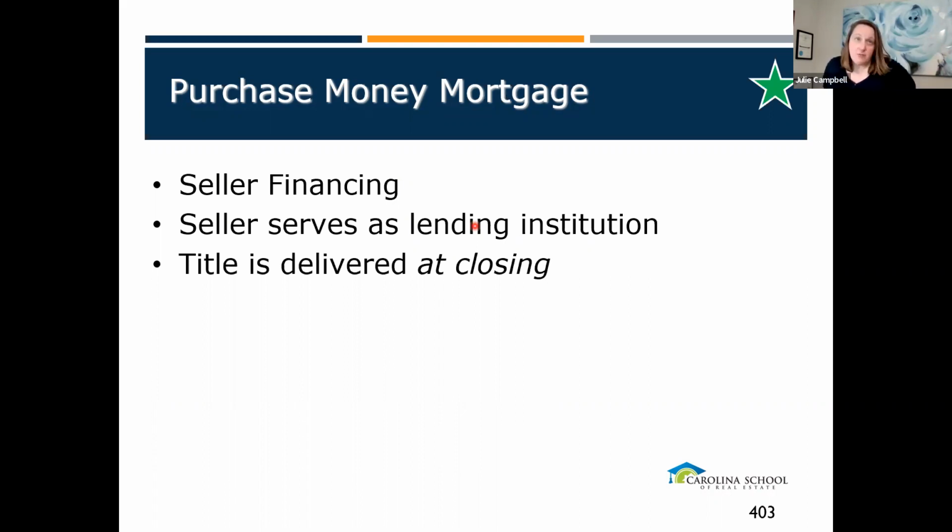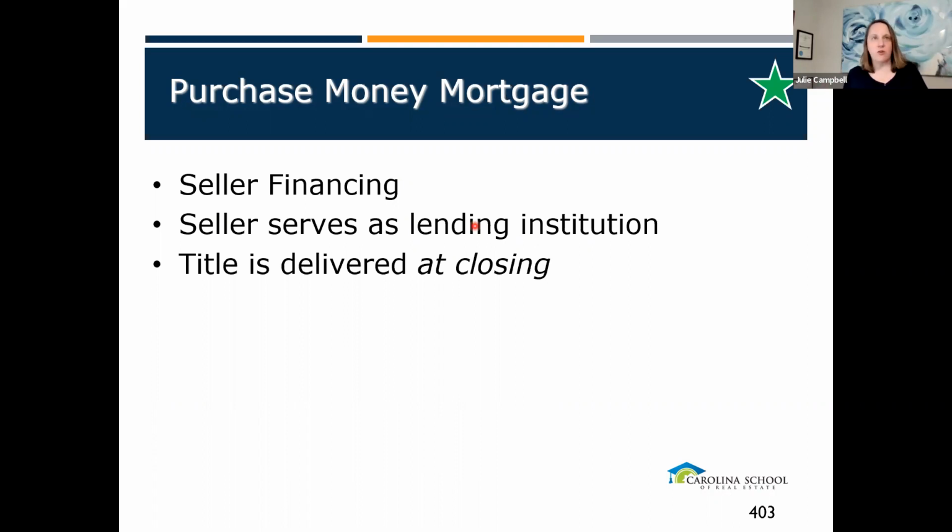Remember back in Unit 10, we talked about an installment land contract? An installment land contract, the buyer is paying the purchase price. They're not doing it in one lump sum, they're doing it in installments. The difference between an installment land contract and a purchase money mortgage is when the deed changes hands.